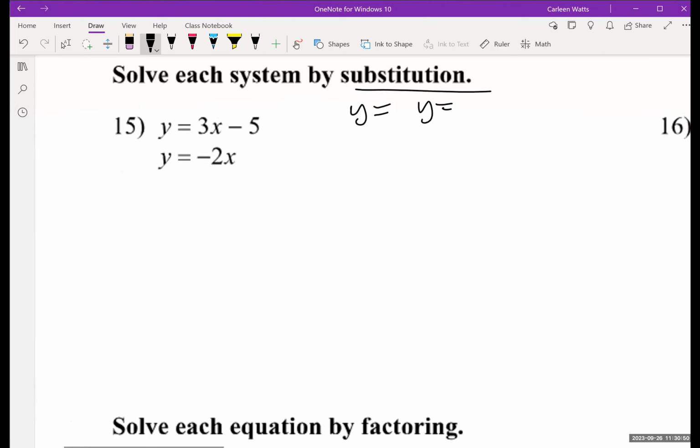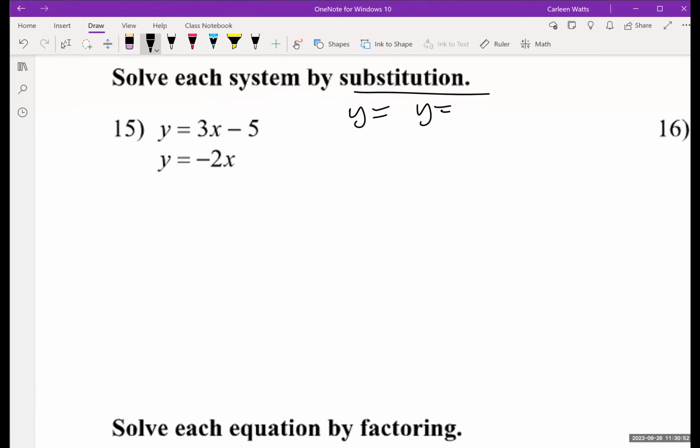Okay, we have two equations solved for y, two equations in y equals method. Okay, so step number 1, hook them together. Yeah, we're taking out that y and we're putting 3x minus 5 in its place.